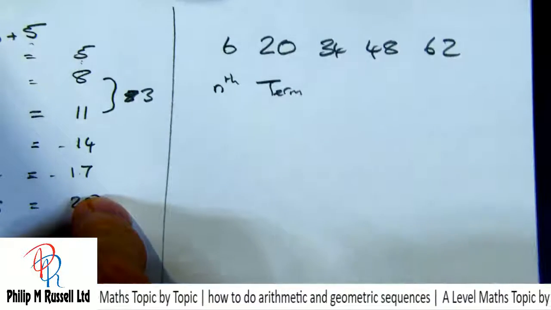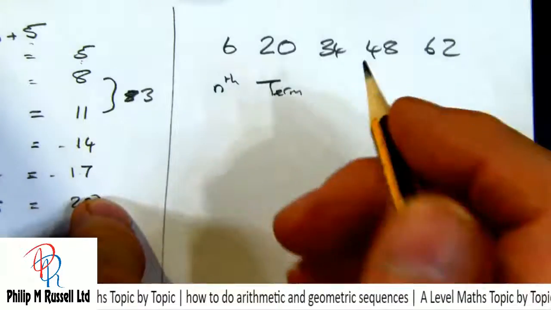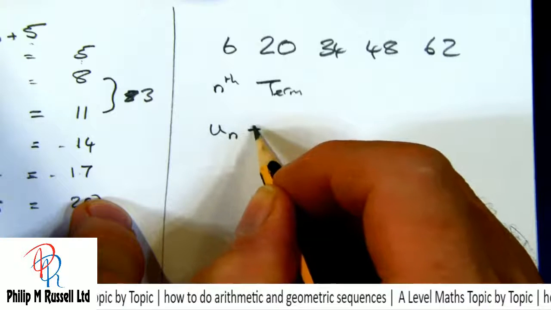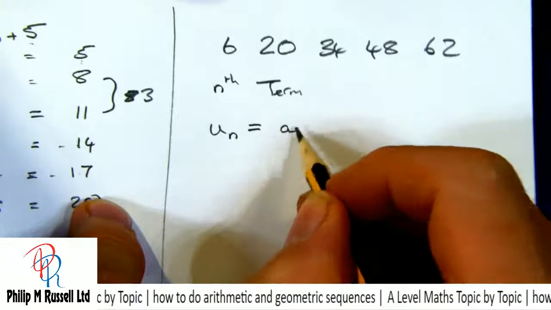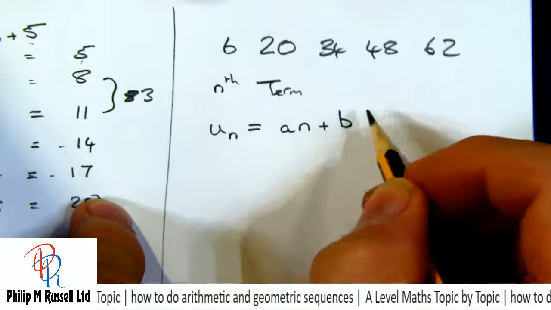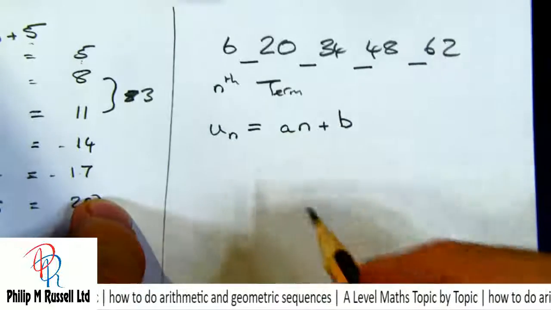To do this it's not going to be that difficult again, because we've got un equals an plus b. We look at these terms and at what we've got.